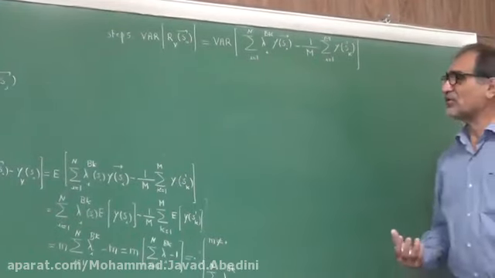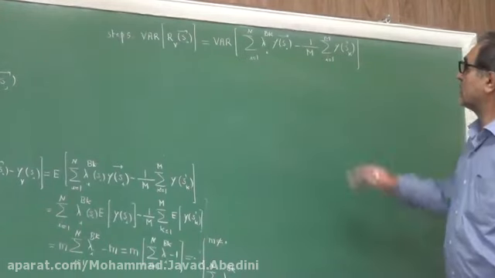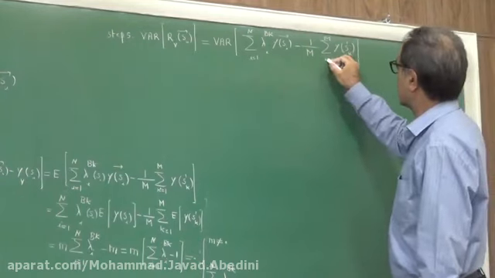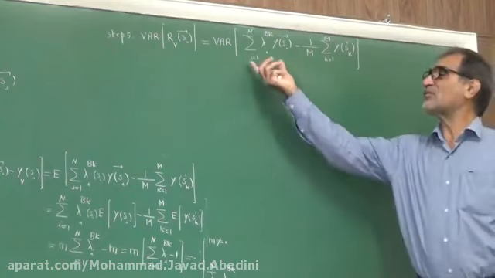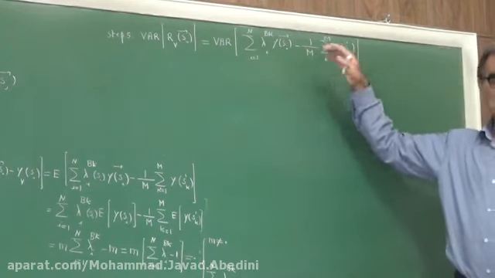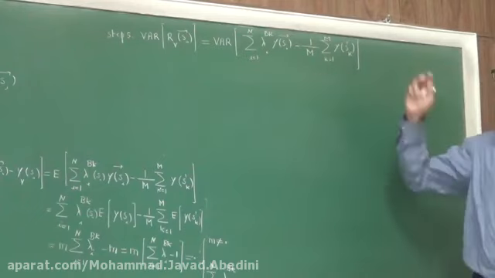By now, you have to be an expert. Of course. By now, you are an expert in how to compute the variance of this, and then 2 times the covariance of this and this.